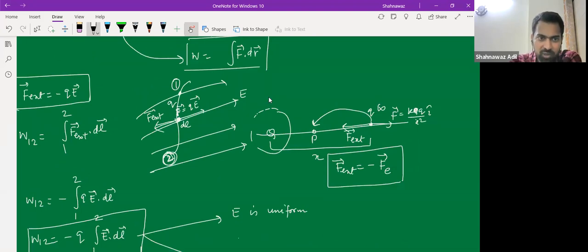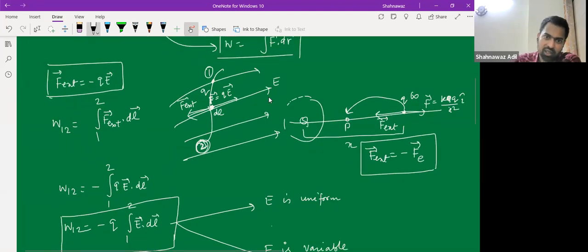In this electric field, we are moving some charges. If we are displacing these charges from this point to this point, there would be some work done, and this is against the electric field.